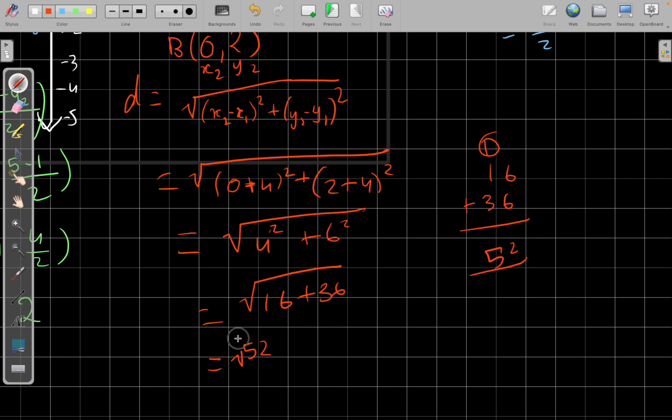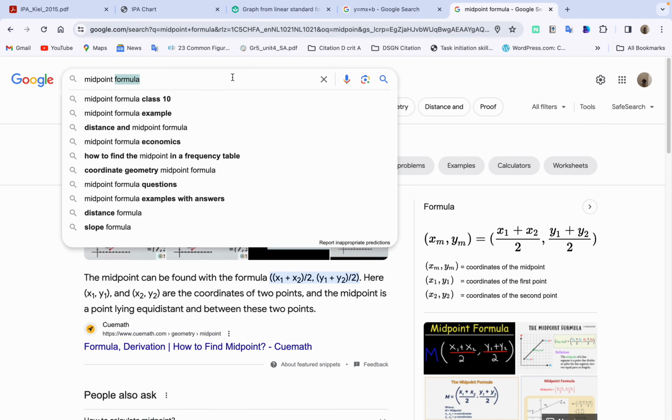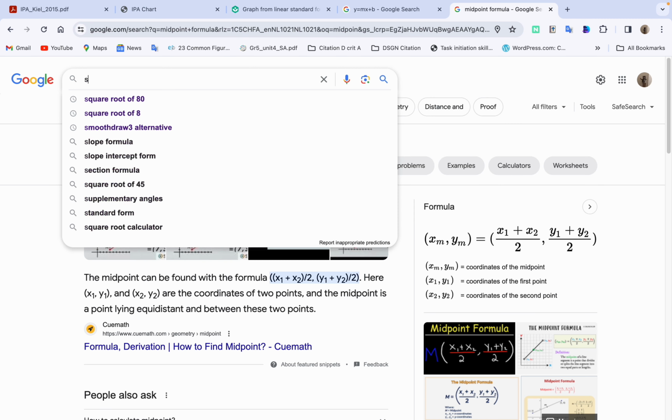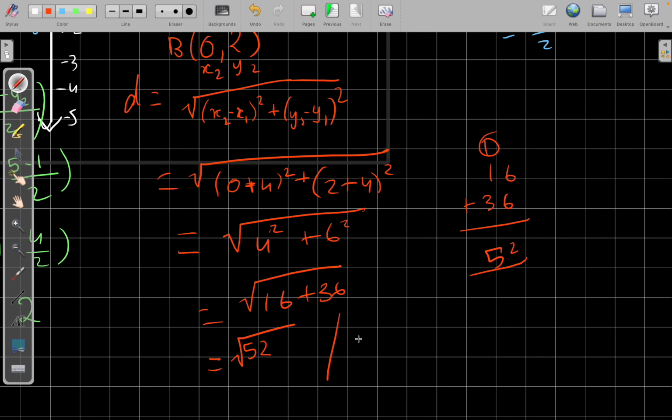So the square root of 52 is as simple as it can get, or if we use a calculator, we can see that square root of 52 is approximately 7.21, and we can't just leave it at that, so we need to write units.